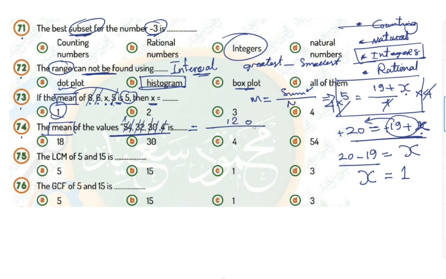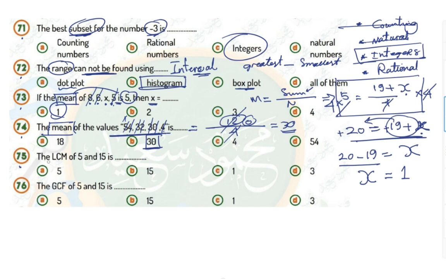That's it. 120 over the number of them: 1, 2, 3, 4. So what's the value of 120 divided by 4? Okay, start with this 12. 12 over 4 equals 3, and don't forget the 0. So the mean is 30.